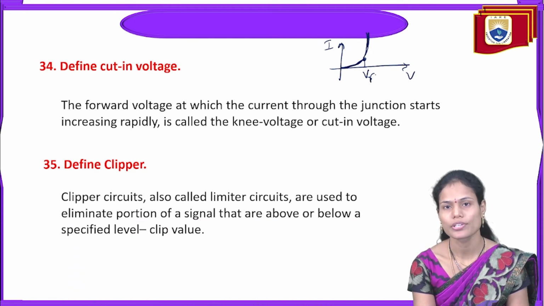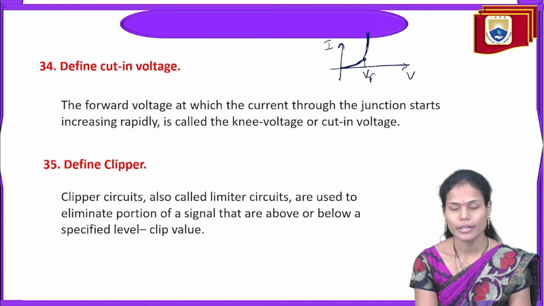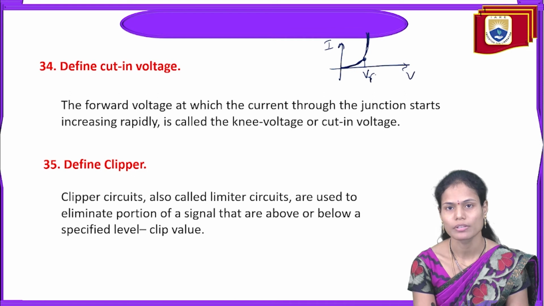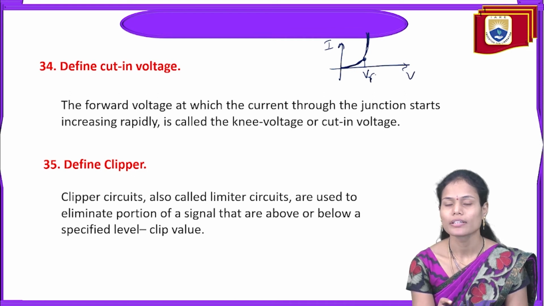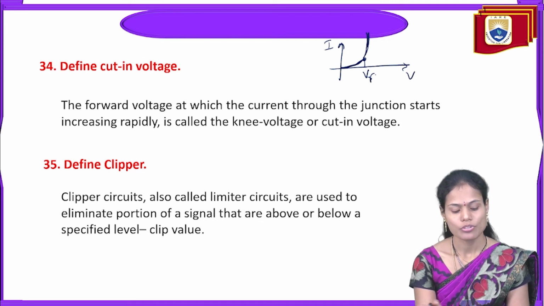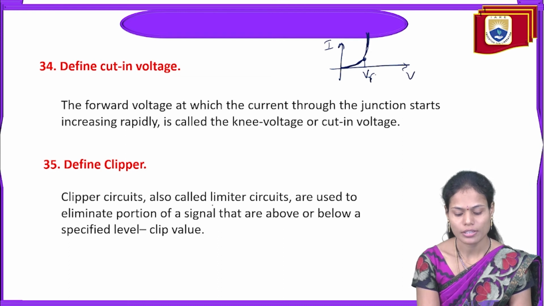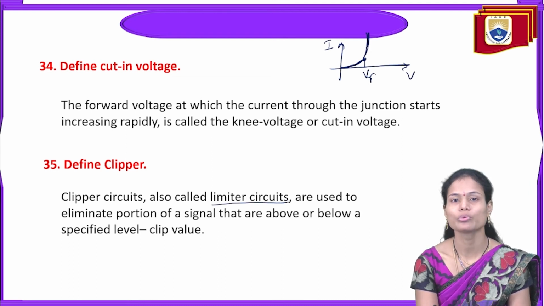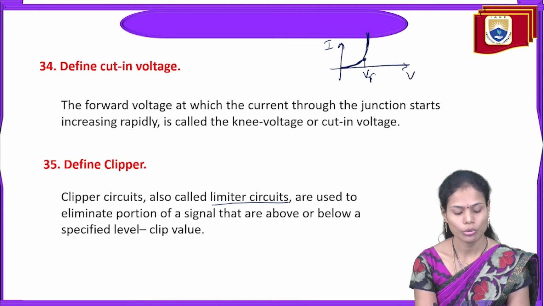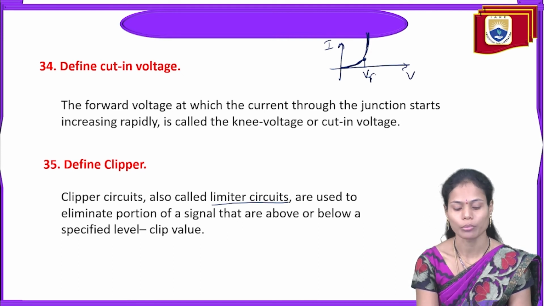And next, define clipper. This is an application of the diode. A clipper is a circuit which will remove or clip some portion of the applied input signal. It may clip in the positive direction, in the negative direction, or in both directions. These clippers are also called limiter circuits, used to eliminate some portion of the signal above or below the specified clip value.